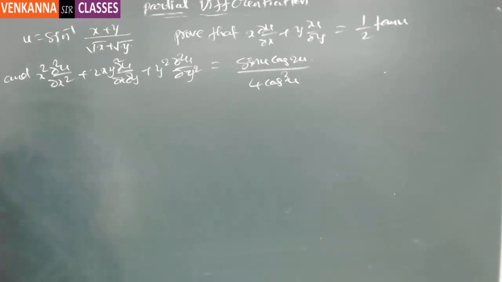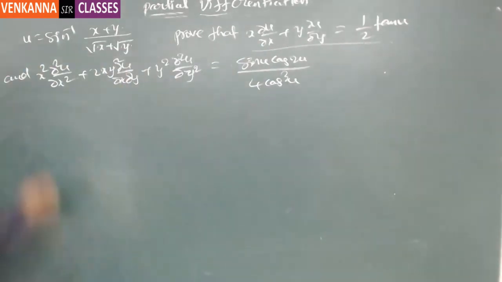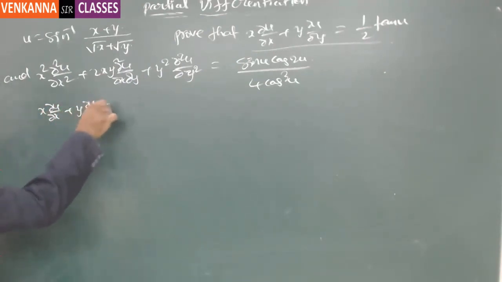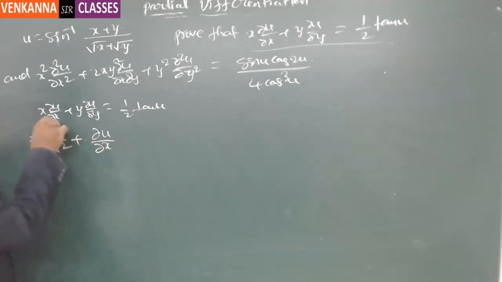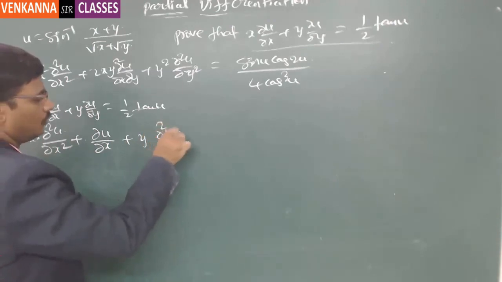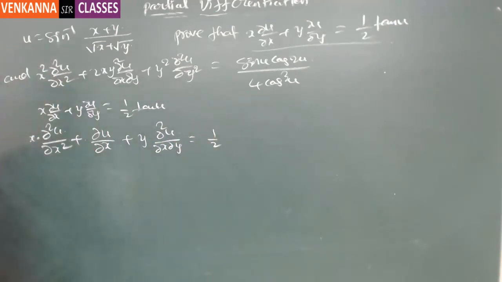Okay, so it is straightforward. We have solved this already, so we will take from this. x del u by del x plus y del u by del y is equal to half tan u. Now if you take the derivative with respect to x, this will be x into del square u by del x square plus del u by del x. Apply the product rule: x del u by del x plus y into del square u by del x del y is equal to half the derivative of tan u with respect to x.